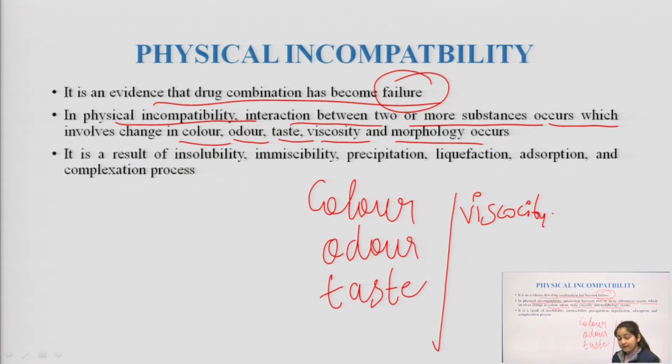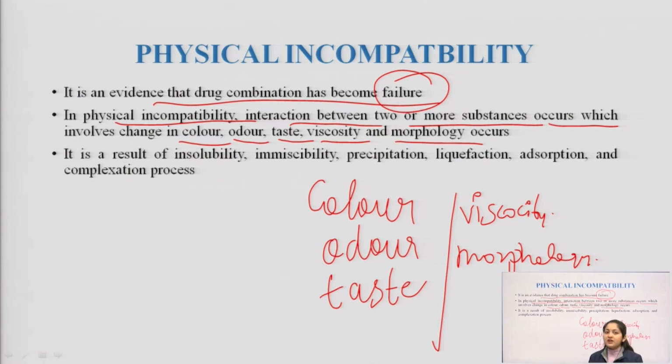Now, the next type of incompatibility that can be seen by the naked eye is the change in the morphology or the physical state of a particular formulation. Just now I said, if you are mixing any 2 formulations which are in solid state, and eventually the entire thing liquefied later on, because they have become deliquescent, here there is a complete change of state from solid to liquid.